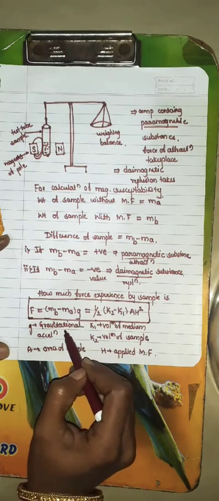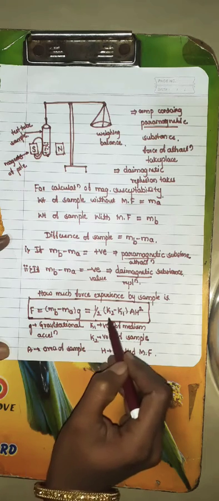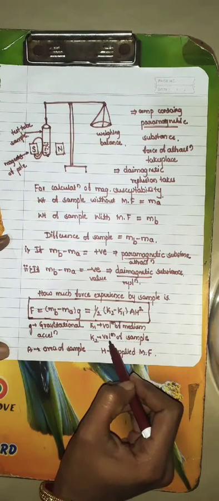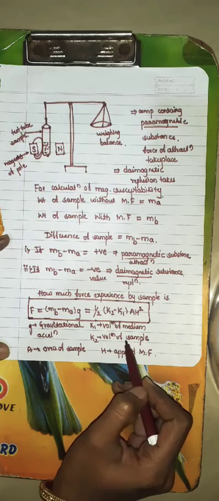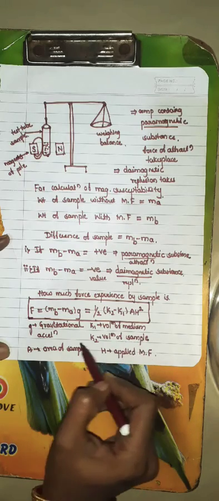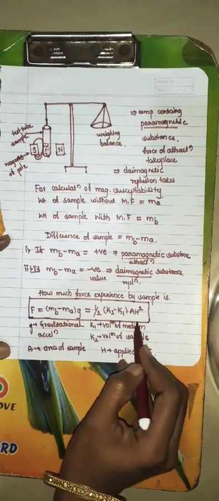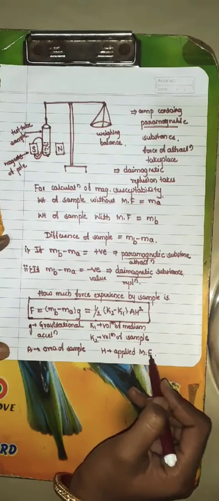G means gravitational acceleration, K2 and K1 are volume of the medium and volume of the sample, A means area of the sample, and H means applied magnetic field.